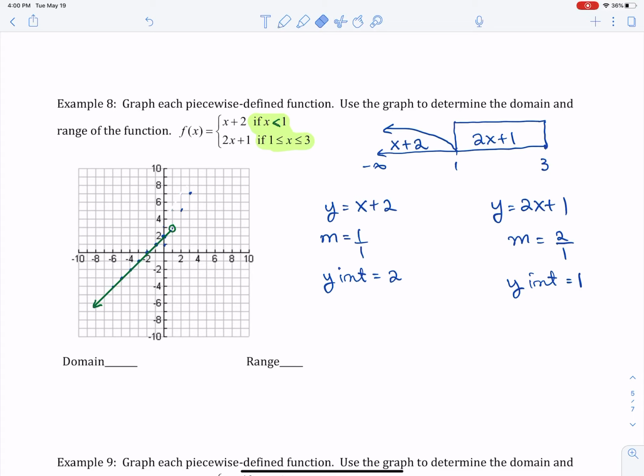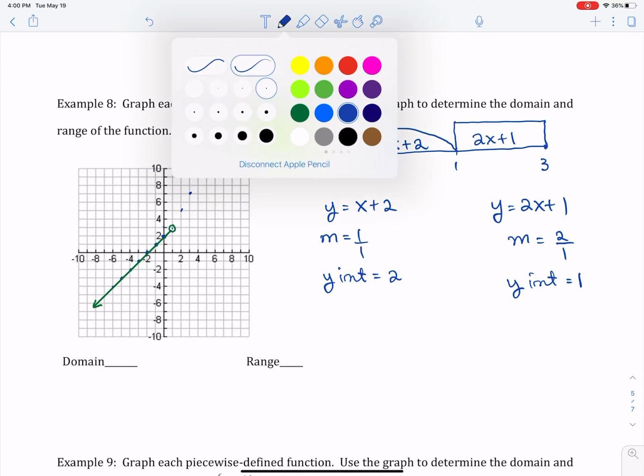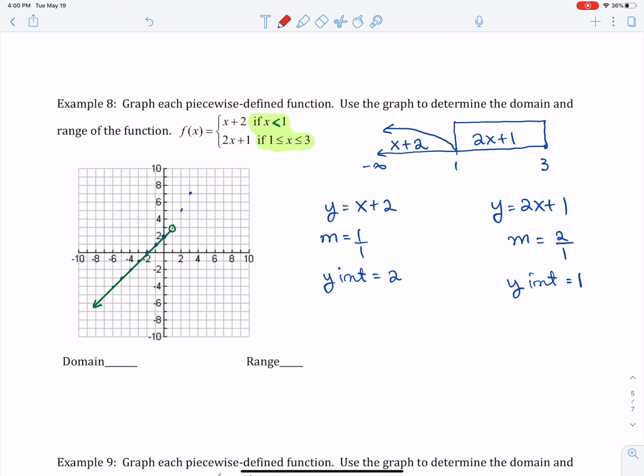So I'm going to clean a little bit. I'm going to make it with a different color just to see. So start from here, but that's just a dot, not included in the picture, and then that one is already going to be included in the picture.